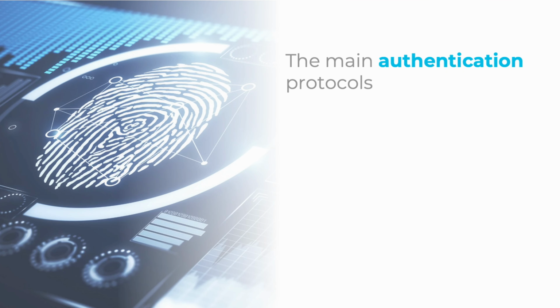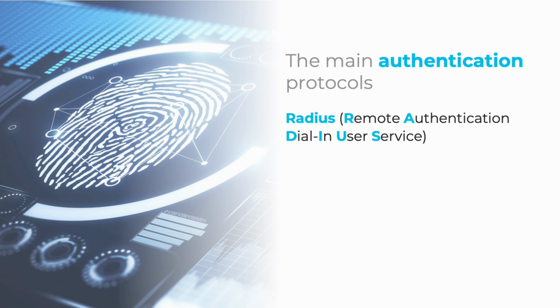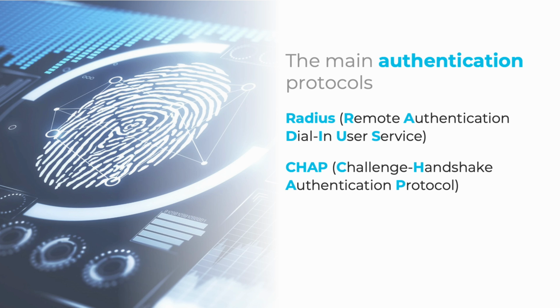Among the main authentication protocols are RADIUS, Remote Authentication Dial-In User Service, which is a protocol that operates on a client-server model. We have CHAP, Challenge Handshake Authentication Protocol, which allows you to connect very securely to a system. And we have the Secure ID Protocol, which allows us to identify all users of the system and the network at once.